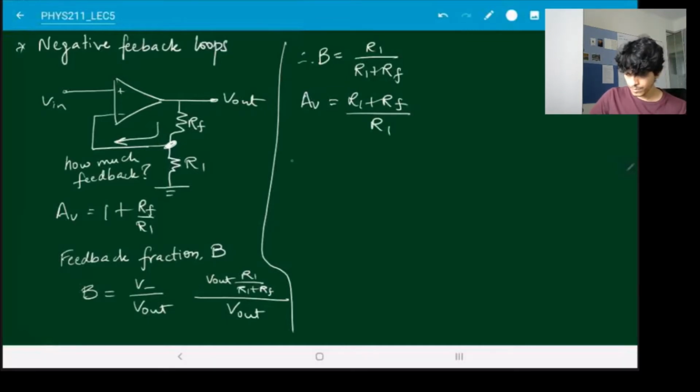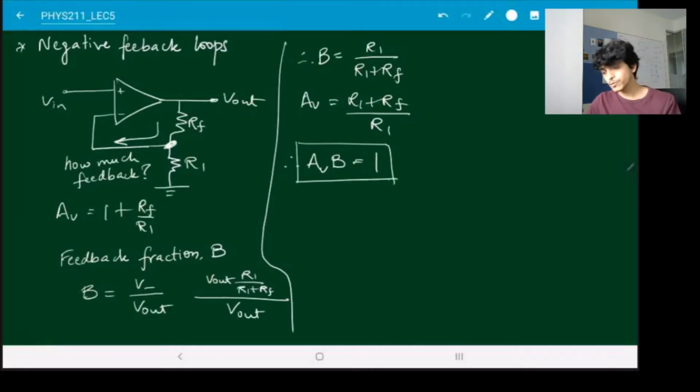So you can see from these two that this product is 1. This is a useful result, and we will come back to it later when we're talking about positive feedback as well. That the product of the gain and the feedback fraction is 1 in this case.